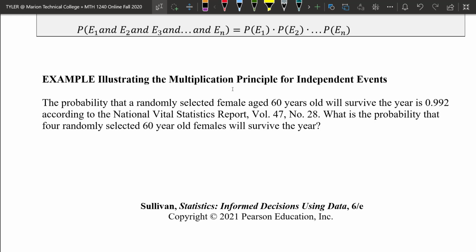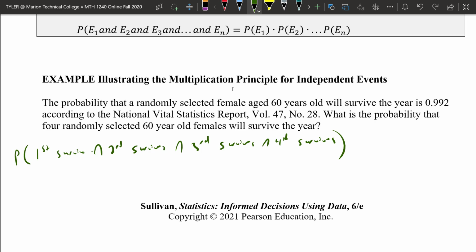So in other words, what we're trying to figure out is the probability that the first will survive, and that the second survives, and the third survives, and the fourth survives. So we want all 4 randomly selected to survive the year.